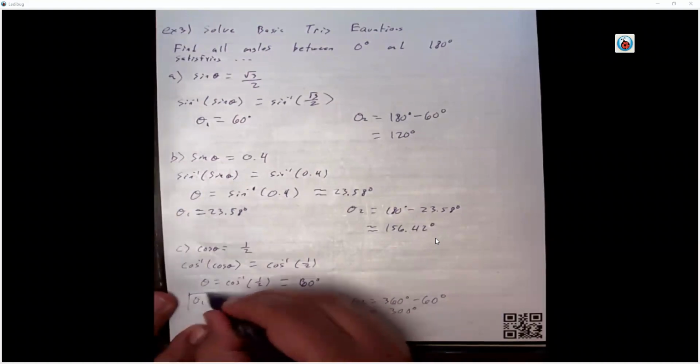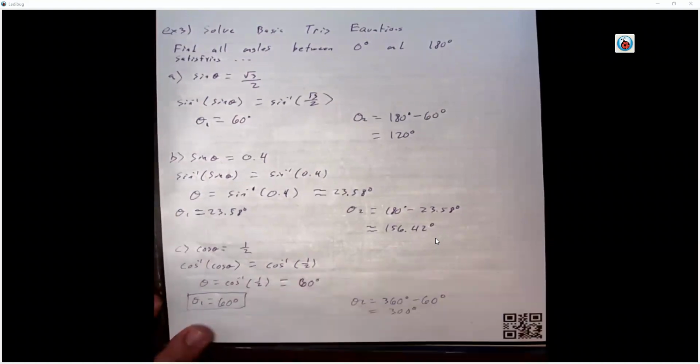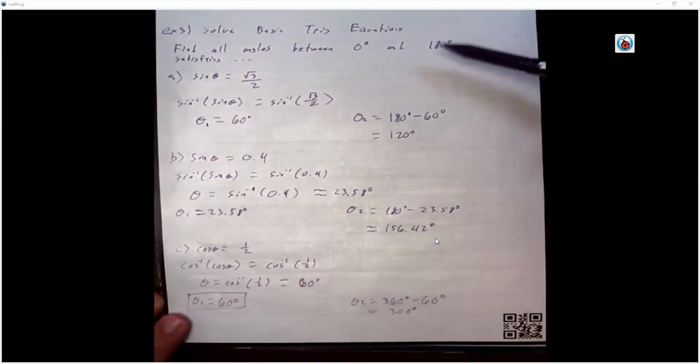If we look at the circle, we'll see the answers, but we're only going to choose this one because we were only curious about 0 to 180. But technically, there's two locations. Okay. Yeah. That one's subtracted from 360, but the other one's from 180.